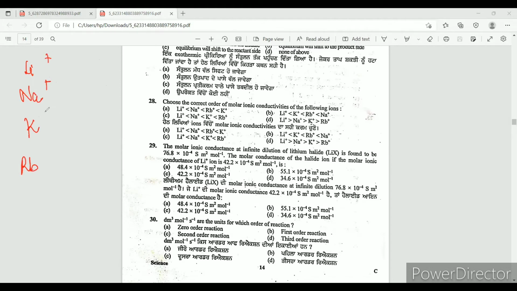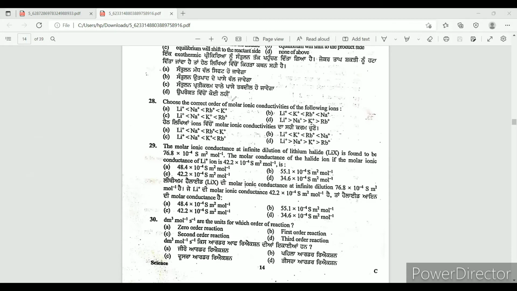Down the group, molar ionic conductivity increases. So the correct answer is option number C.